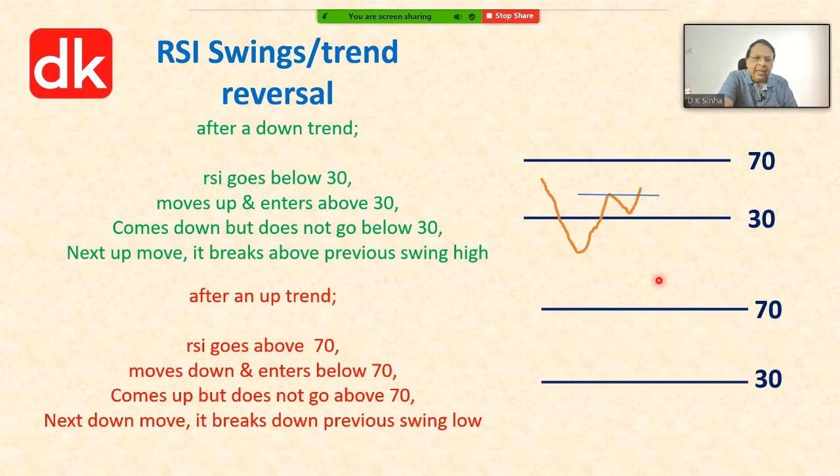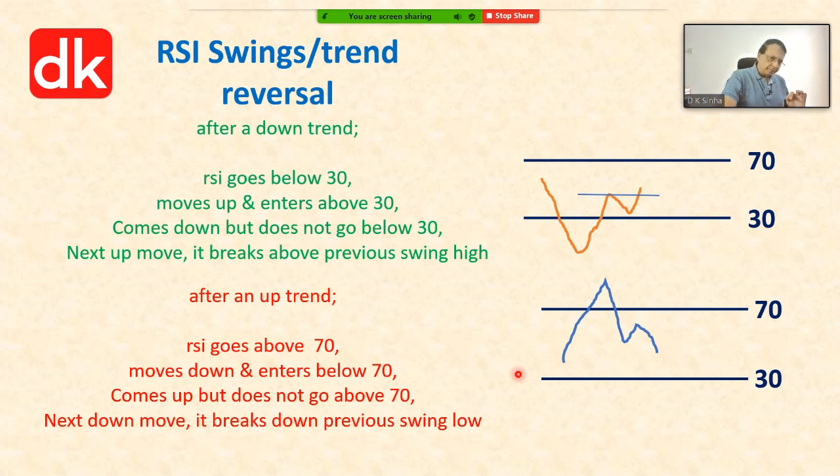Now similarly, if you see the boundary 70 to 30, after an uptrending move, when the market shows exhaustion on the top, what will happen? No technical analyst can say that the market is ready for a correction or a downtrend move, unless he observes some kind of divergence between price and the momentum indicator.